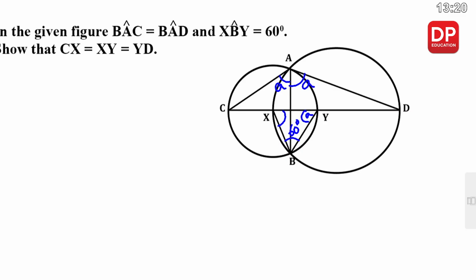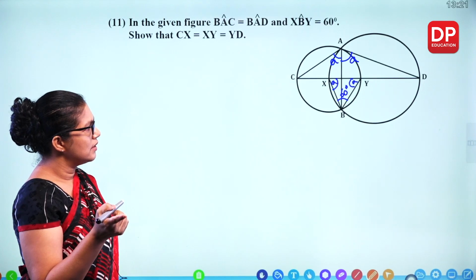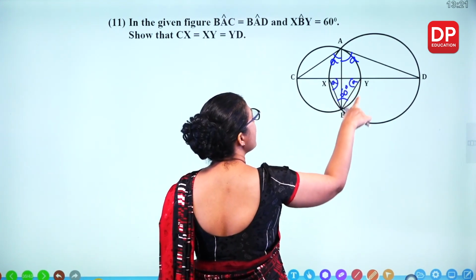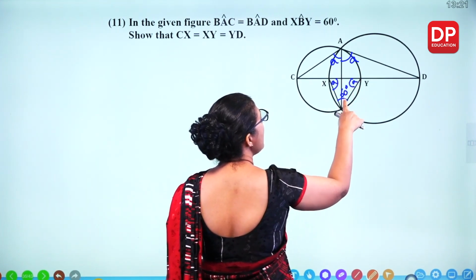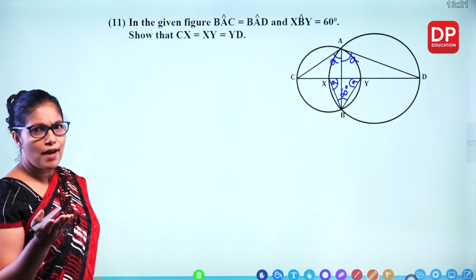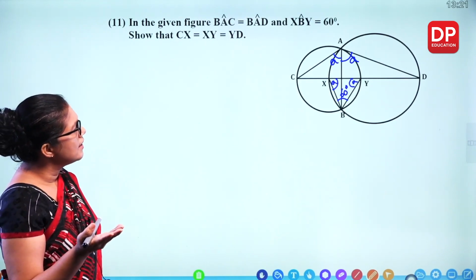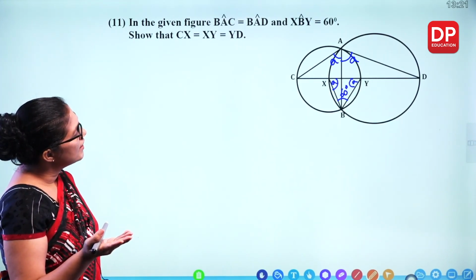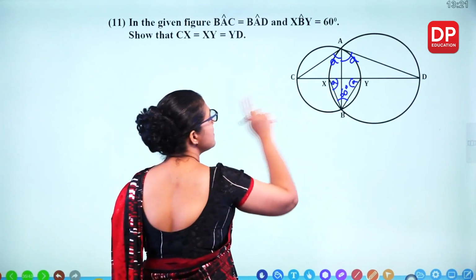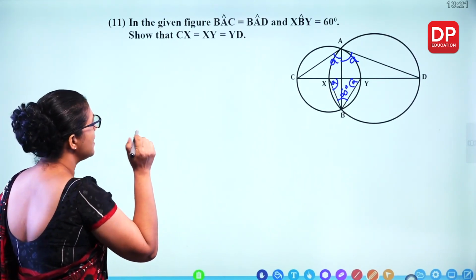So this is also A. Same segment angles are equal. Now you can think about the triangle A, A, 60. What's A? You can find out using that. Then we can see what type of triangle that is. So we'll do that first.